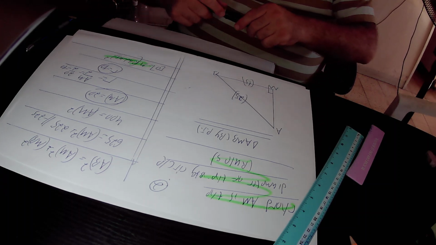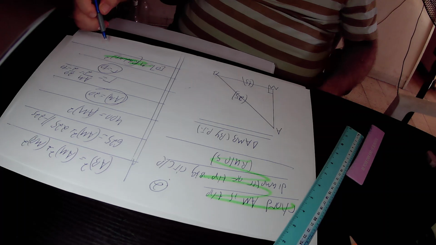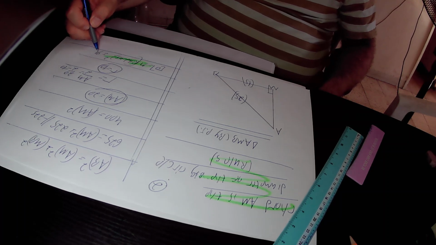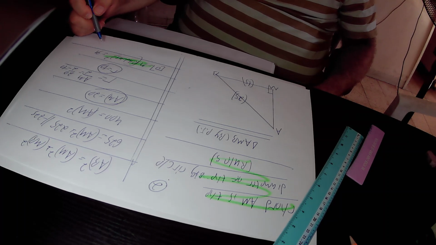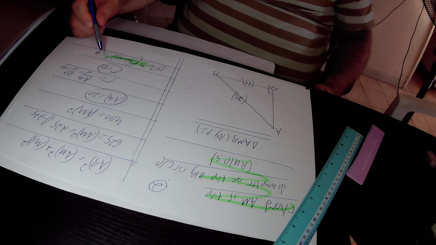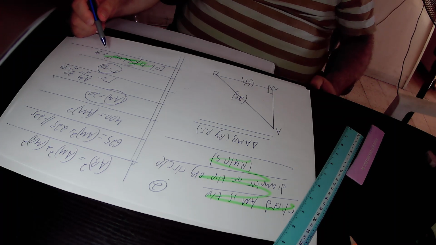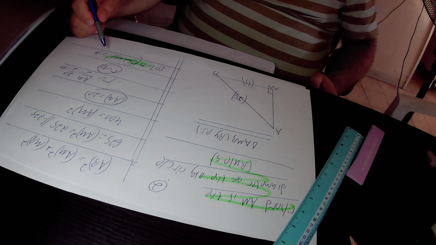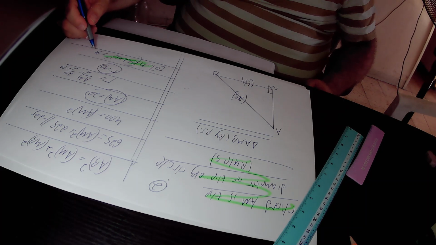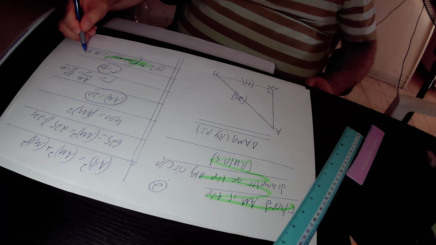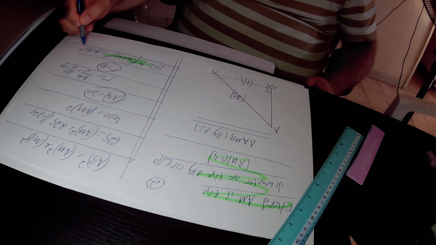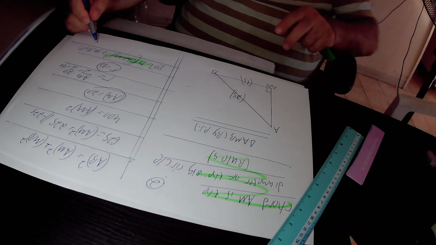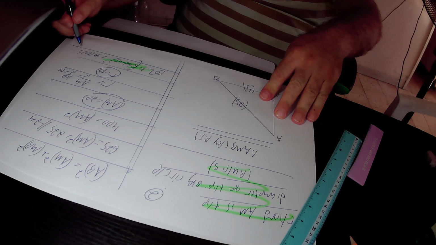And therefore, the area of the big circle must be equal to pi times the radius of the big circle squared. The radius of the big circle is 10, and therefore the area of the big circle must be equal to pi times 10 squared. 10 squared is 100, so in total this expression equals 100 pi.